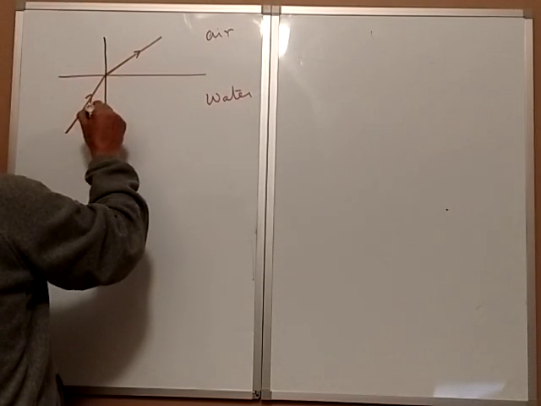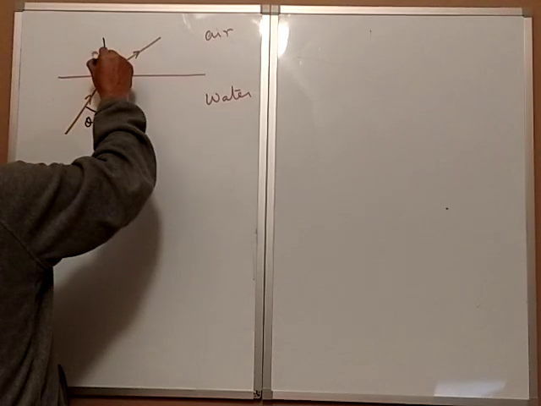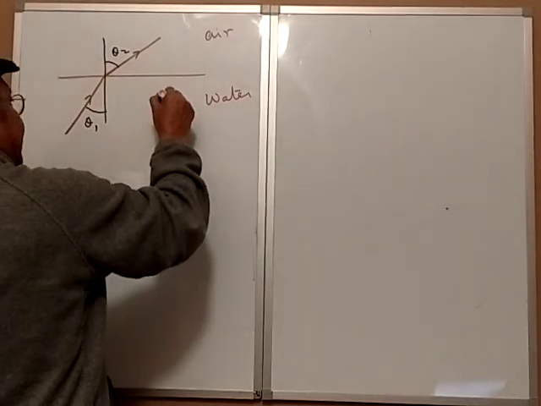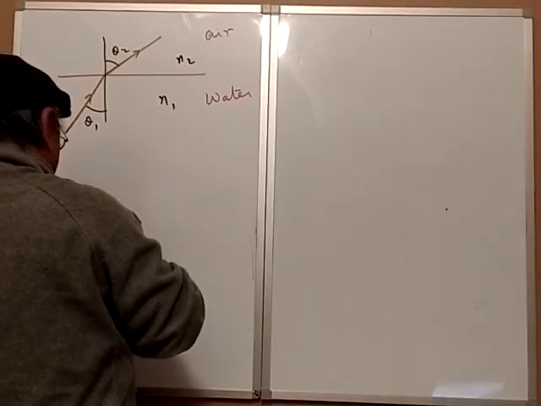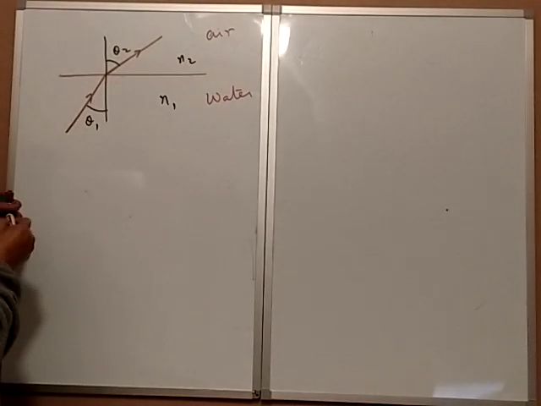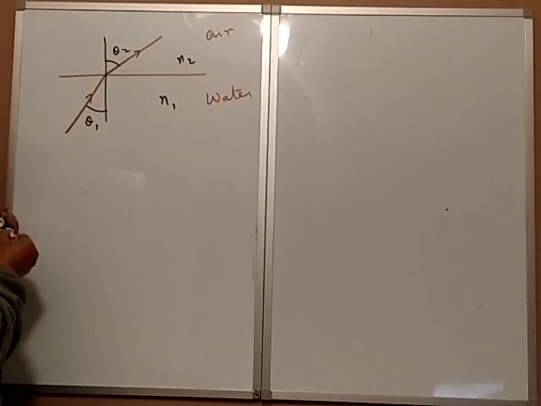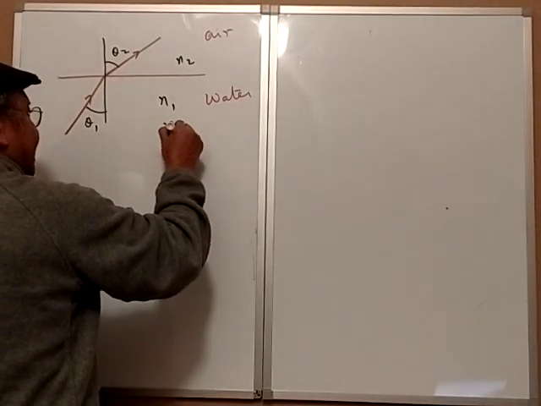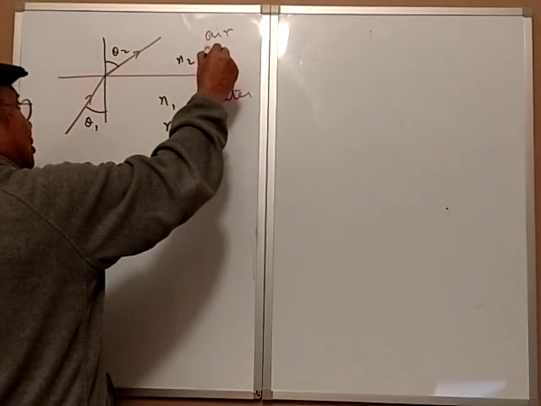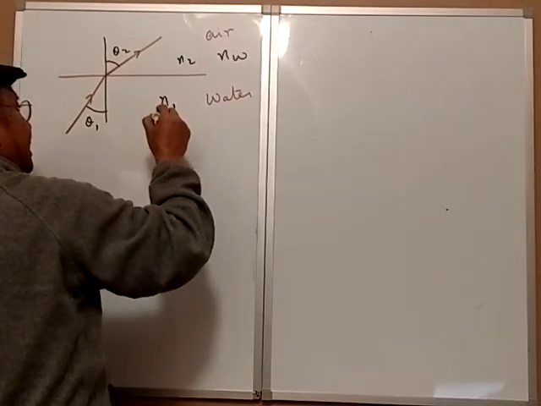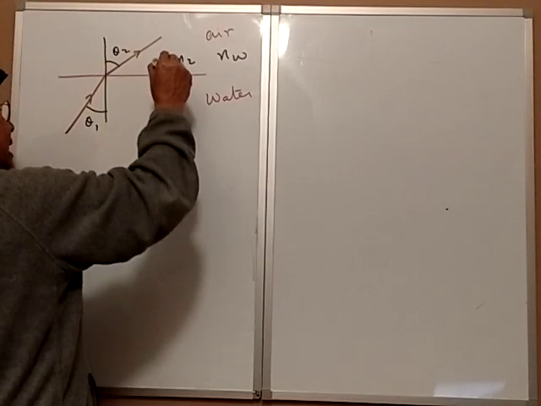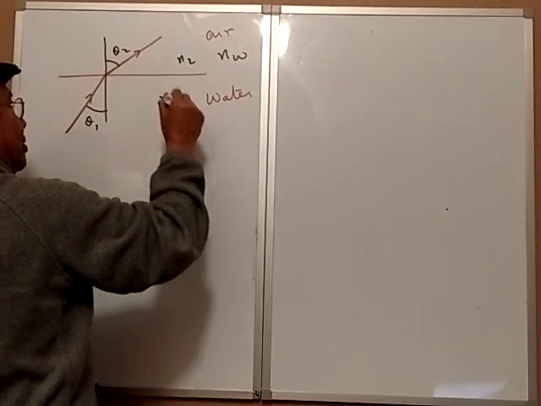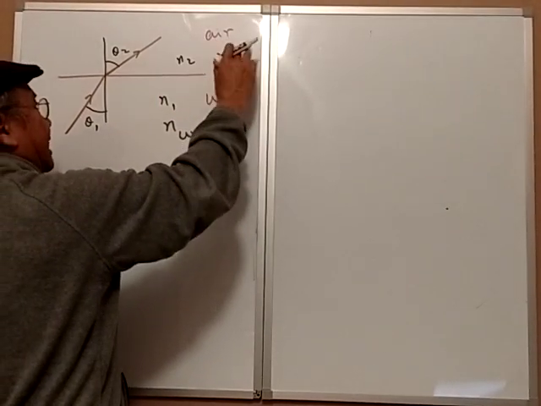So this angle is the incident angle theta 1, the refracted angle is theta 2, and this is N1, this is N2. Okay? To make it easy for you to understand, instead of writing N1, I'll write NW, and instead of N2, I'll write NA.